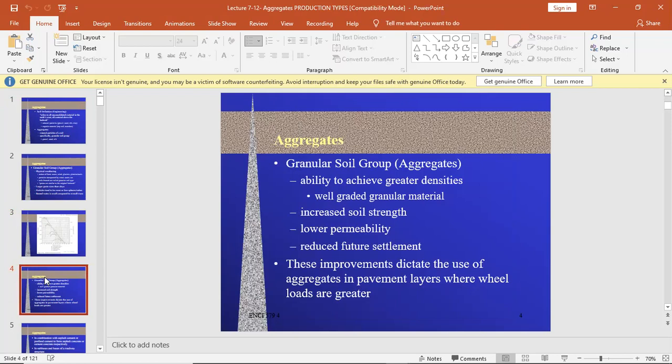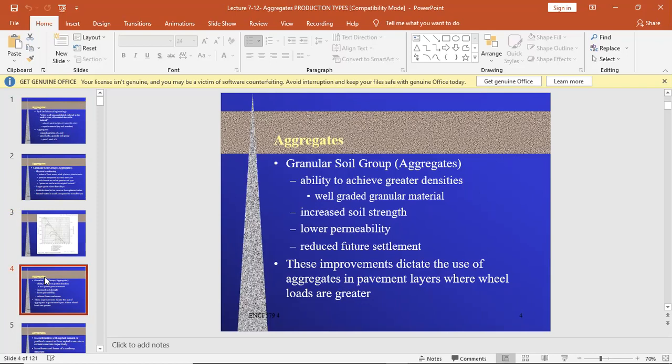It has high strength, lower permeability, and it reduces future settlement. Why is that? We all know that the finer the material, the more water it will absorb, and the more water it absorbs, the more it will settle. If it does not absorb water, there are fewer chances of settlement.